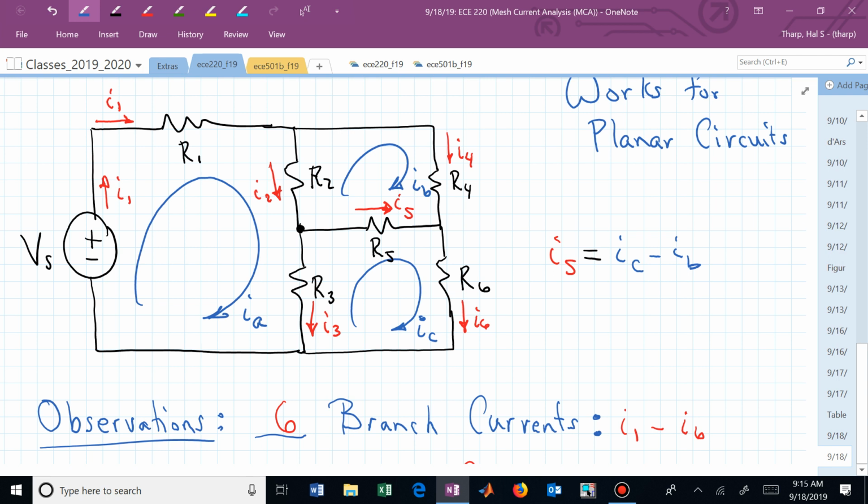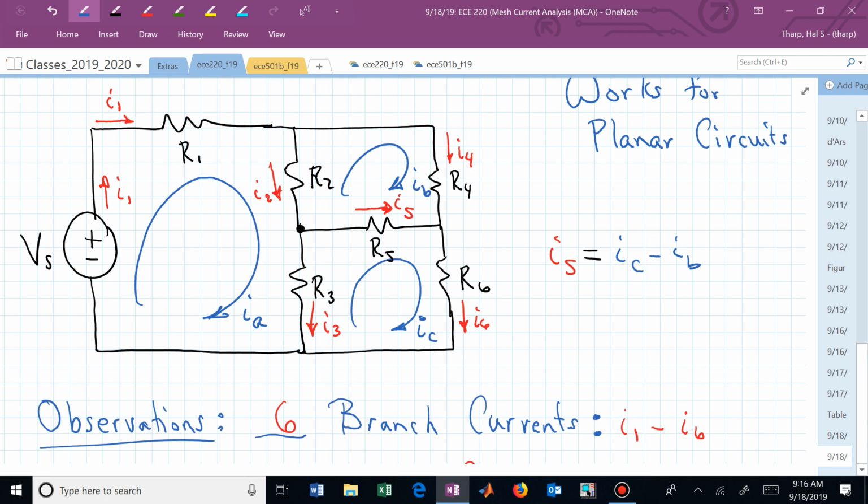Now the mesh currents, don't get too hung up on how they are related to the branch currents just yet, but we kind of need to know this relationship. But the mesh currents are really there to try to simplify our analysis. The mesh currents are dual to the node voltages. Remember how we labeled essential nodes relative to a reference node to get these node voltages?